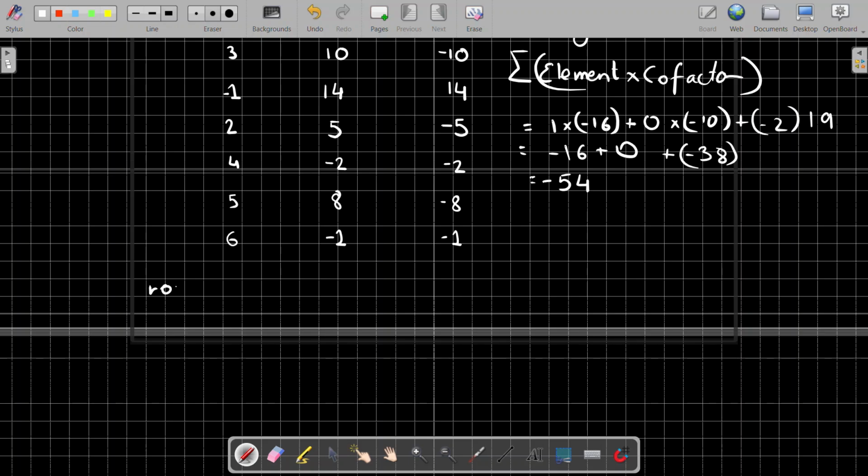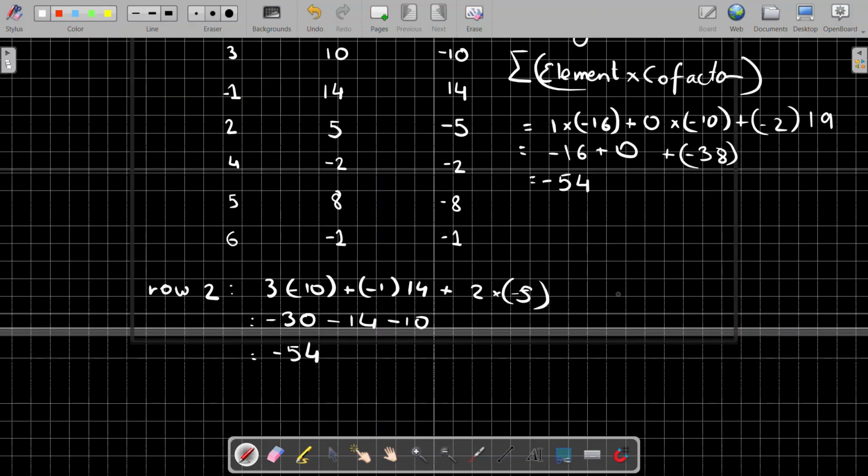Along row 2, we will get 3 into minus 10 plus minus 1 into 14 plus 2 into minus 5, minus 30 minus 14 minus 10 equals minus 54.